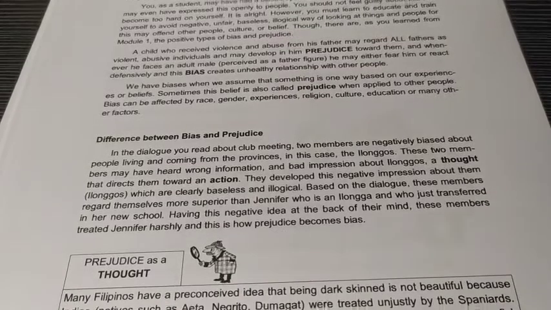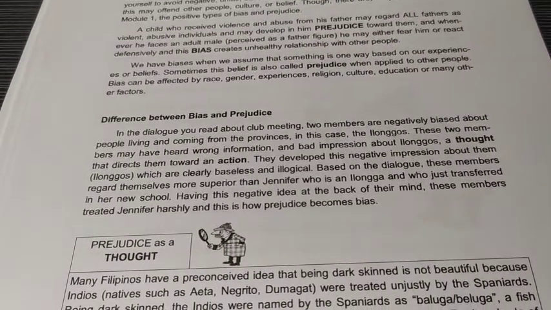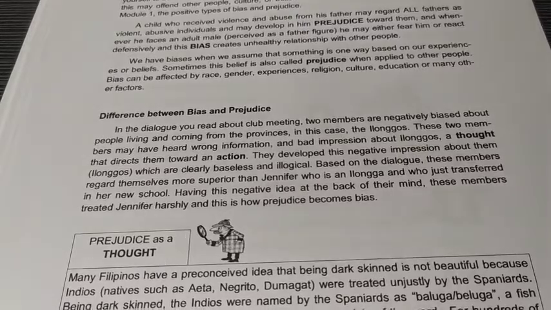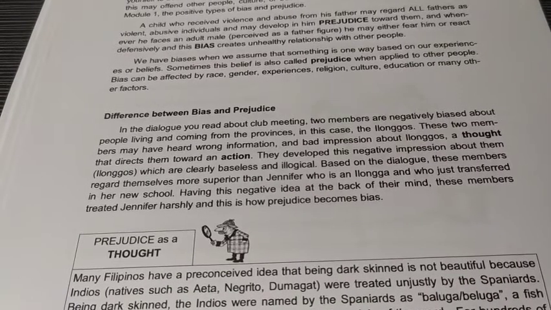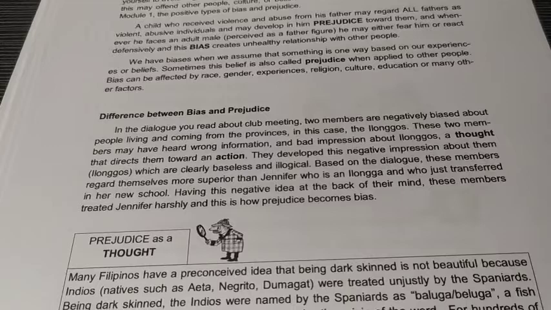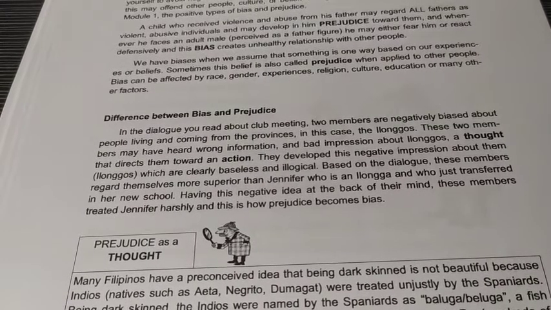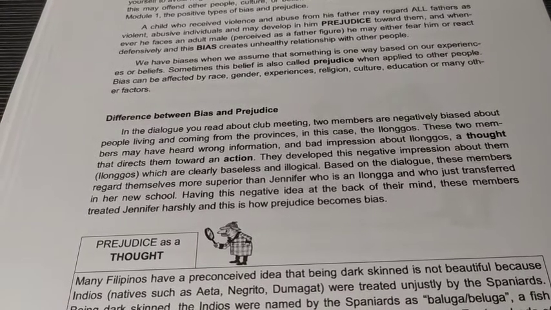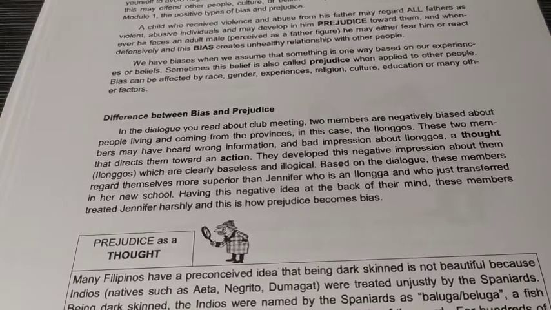So in the dialogue you read about the club meeting, two members are negatively biased about people coming from the provinces. In this case, the Ilonggos. The two members may have heard wrong information and bad impressions about Ilonggos, a thought that directs them toward an action. They developed this negative impression about them, which is clearly baseless and illogical.